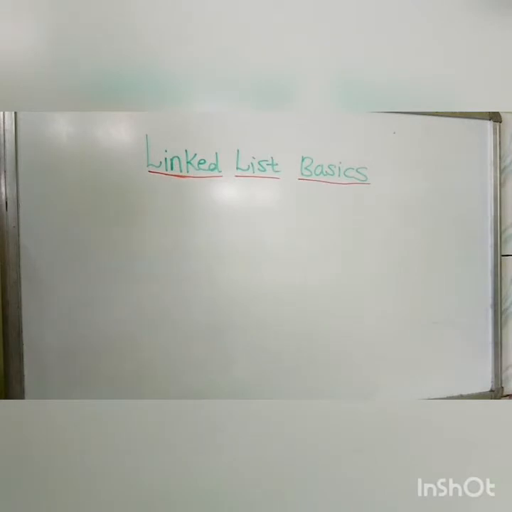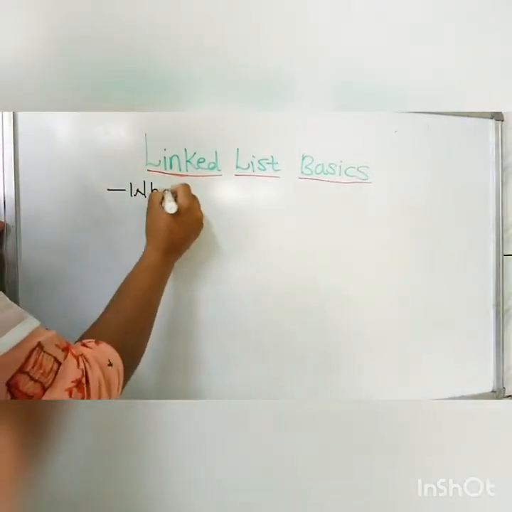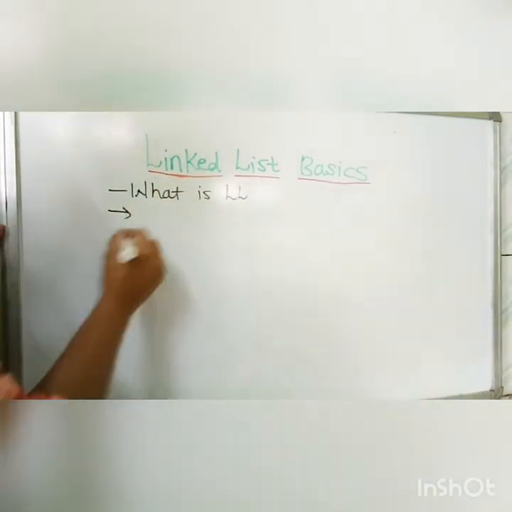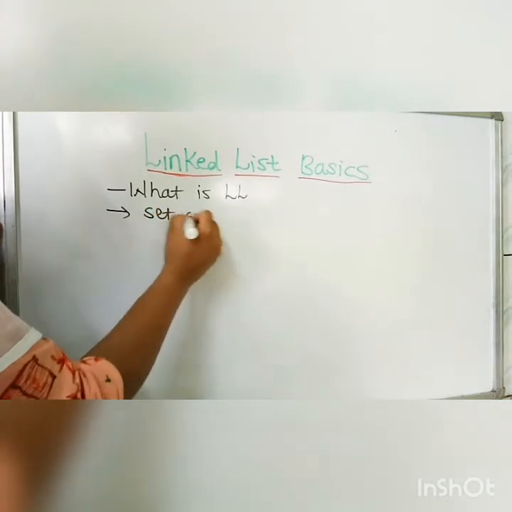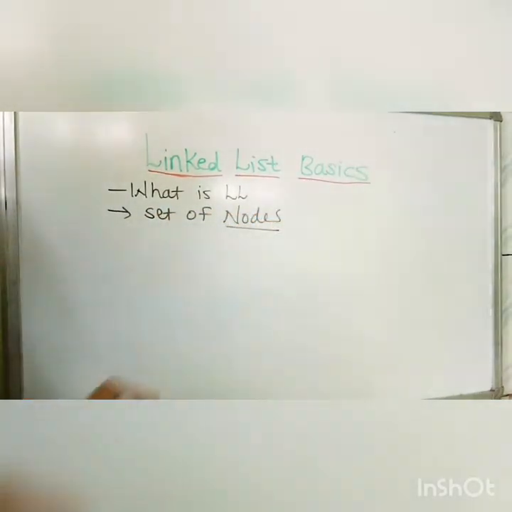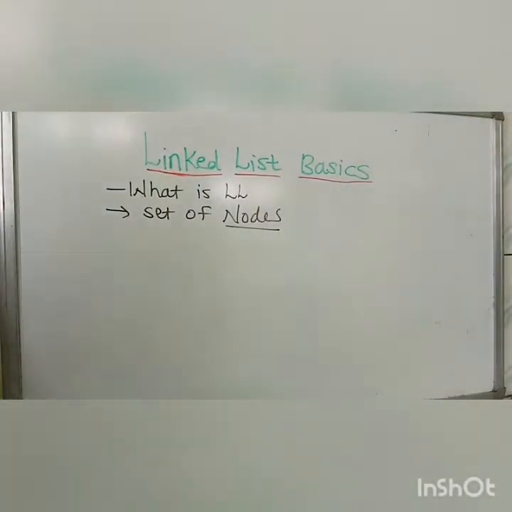The linked list is nothing but the collection of various nodes. So, what is a linked list? It is a set of nodes. As in this definition, we are seeing here a new word, that is the node.